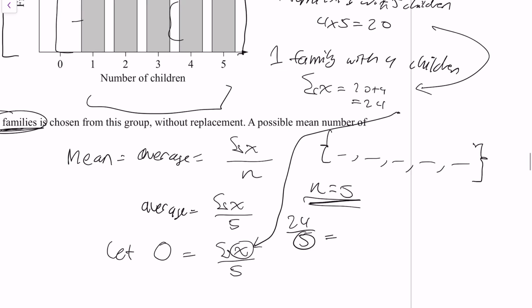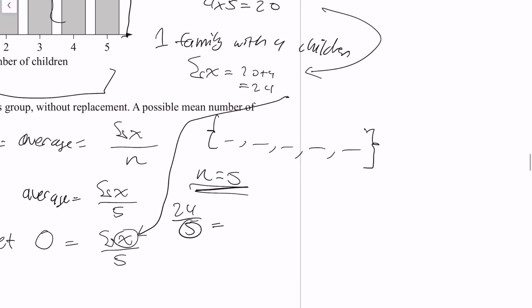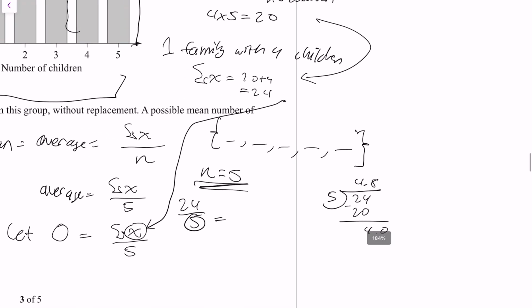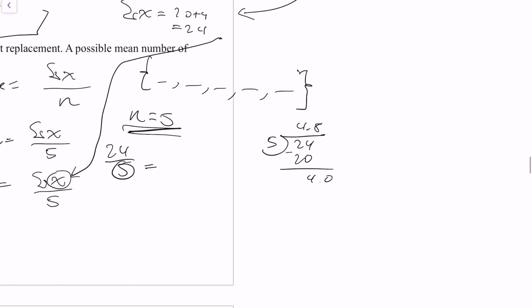If you're not really confident with your division, that's okay. You can do short division like this. So 4, 20 minus 4, 0, 4.8. Alternatively, another trick I like to do with dividing by 5 is I basically just times by 2, 48, and then divide by 10.